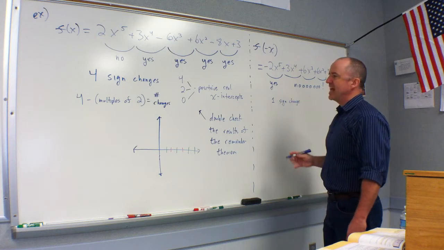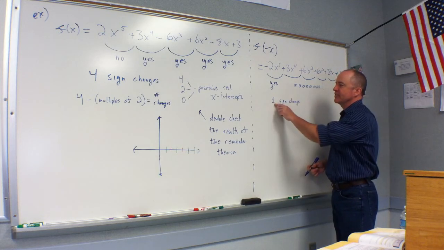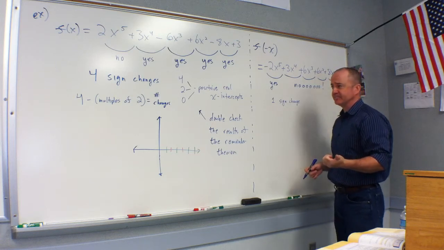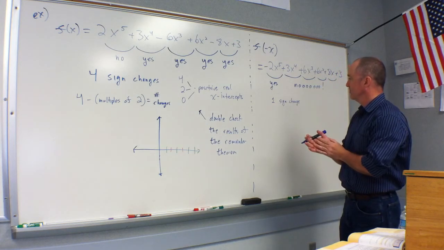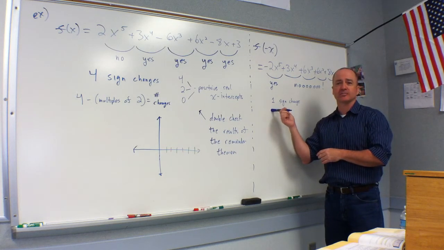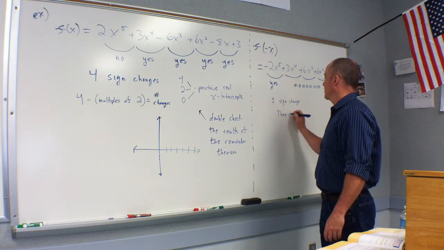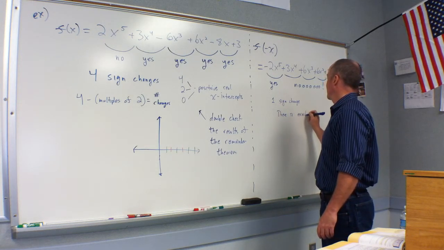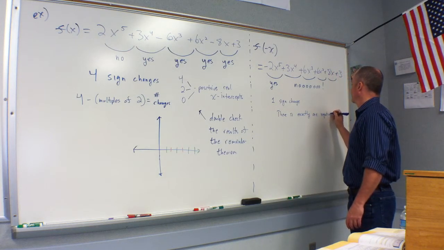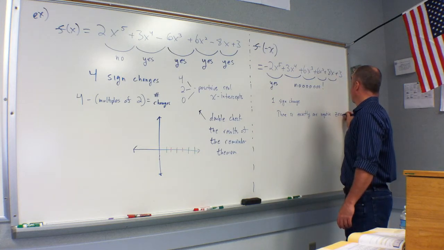Now, it's the exact same rule. Whatever number of changes you get here, you take this number and you subtract 2 from it until you get to 0 or below. I can't subtract 2 from this at all. This is helpful. This tells me there is exactly one negative solution, one negative zero.